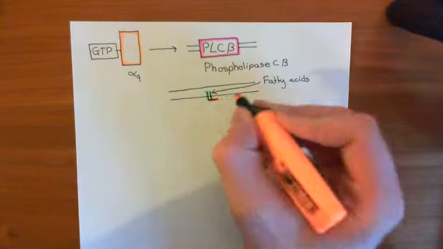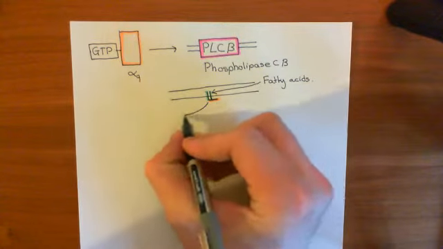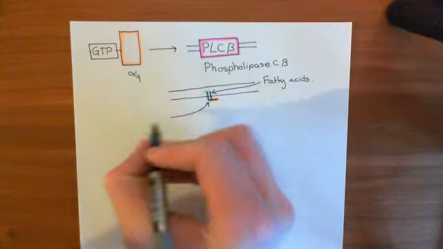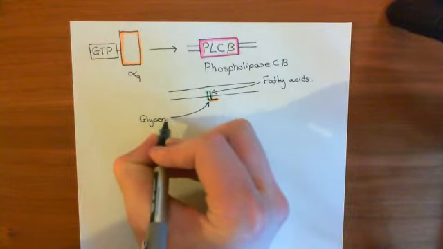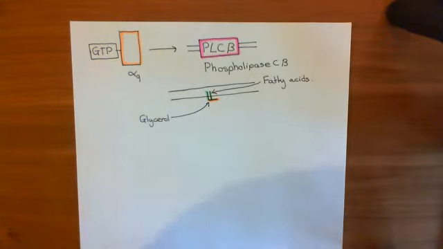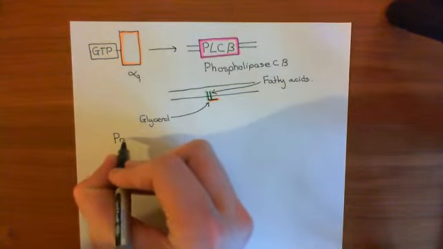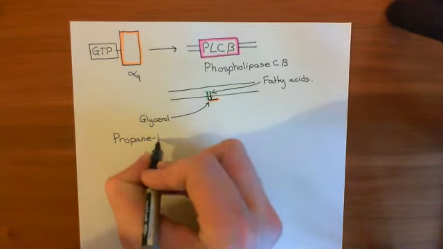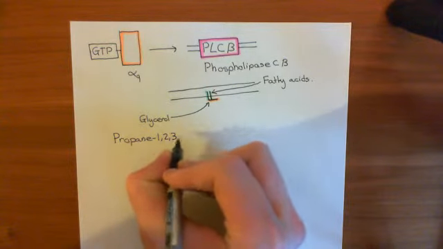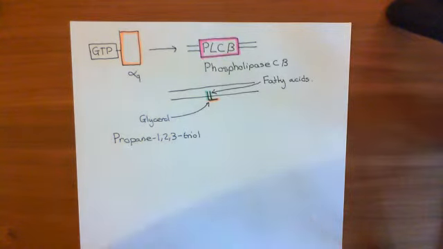Then in orange, represented by this horizontal line, we have the glycerol molecule itself. This is the backbone for all phospholipids. So this is glycerol, or if you're being a chemist, propane 1,2,3-triol. Let me write that down. Its proper name is propane 1,2,3-triol, although glycerol is still extremely pervasive among biochemists.